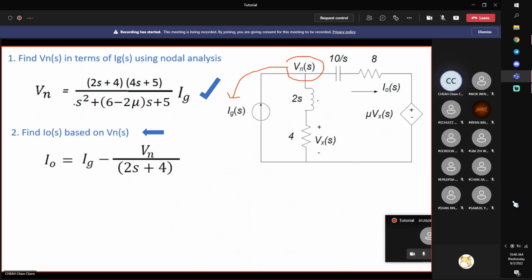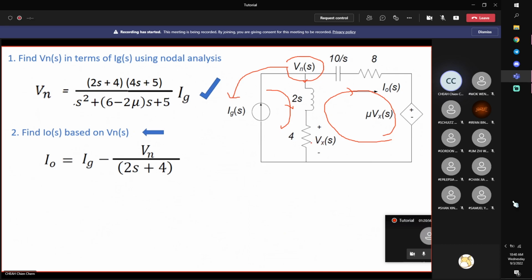By using nodal analysis. Mesh analysis is also fine. Just take KVL around this loop, noting that this current, be careful, this current is Ig minus IO. So in fact, if you do this, you can also get the same thing, right? Go back and try. And our Vx, you have to express in terms of Ig minus IO also, right?